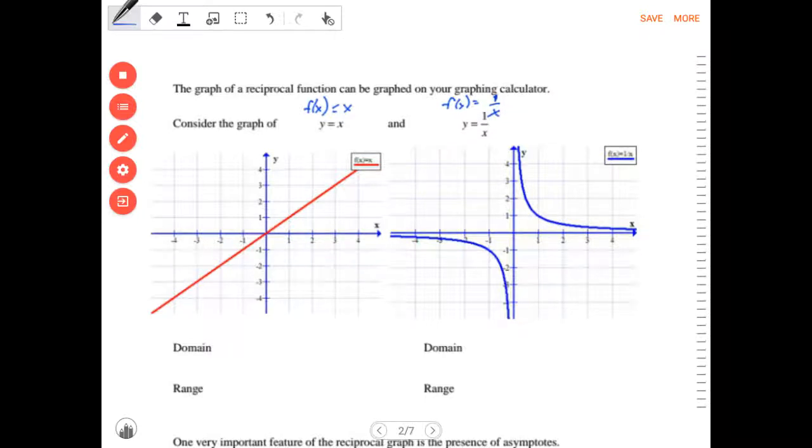Fantastic. Now, I want to talk a little bit about that. Remember, the way I teach this, y and f of x are the same things. They're replaceable.